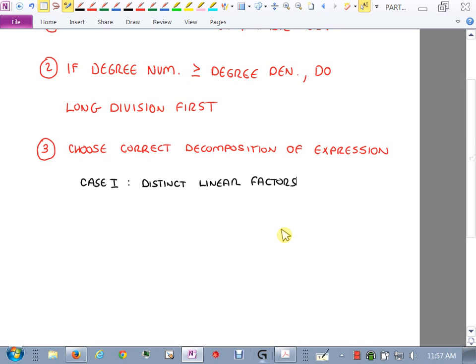So I think the best way to show you this is to just give you an example of what that is. So right under here, example, what if you had something where your denominator was like x plus 1, 2x minus 1, 3x plus 4. And then on top, it really just doesn't even matter what's on top, okay? I don't care what's on top. The bottom are distinct linear factors.